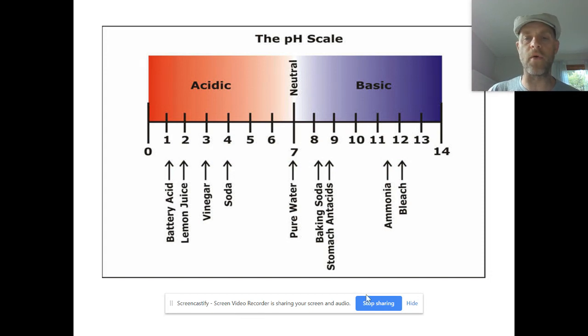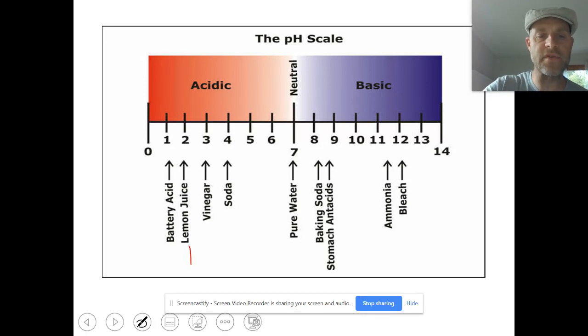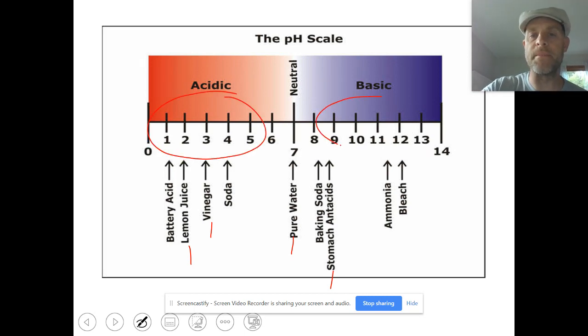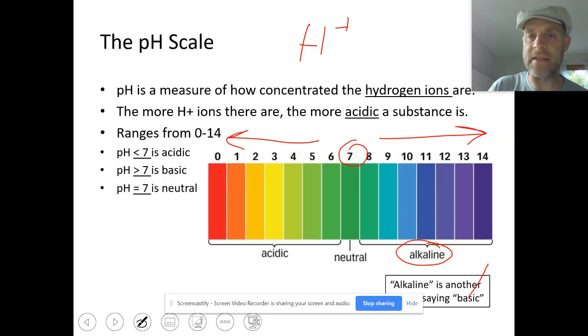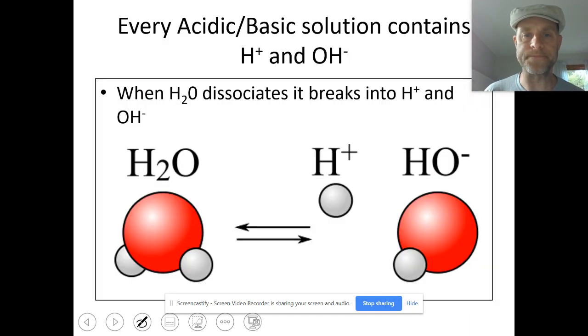And again, we did a whole lab where we looked at lemon juice, vinegar, water, stomach acids, and a number of these different things. Okay, but again, below 7 is acidic, above 7 is basic. And the big thing is, what does that tell you? It tells you the power of hydrogen. How many hydrogen ions are there?